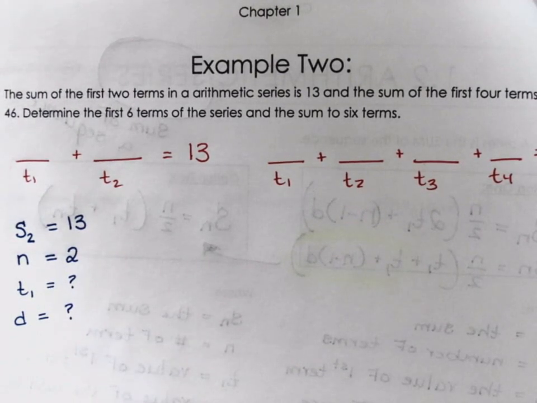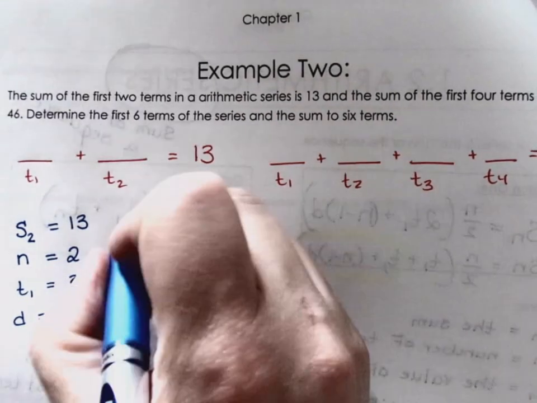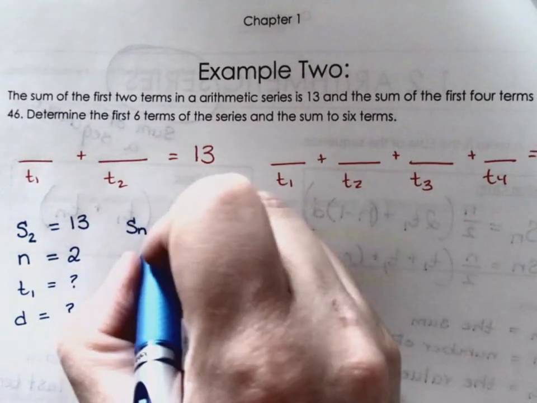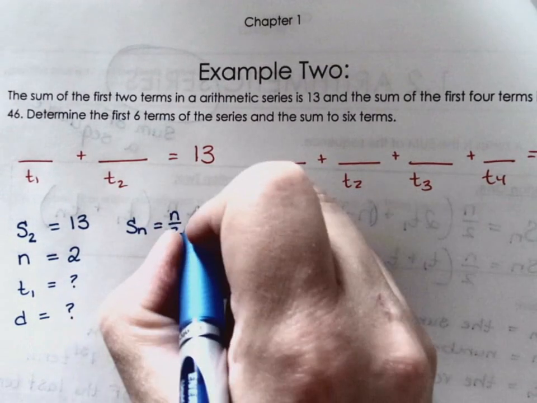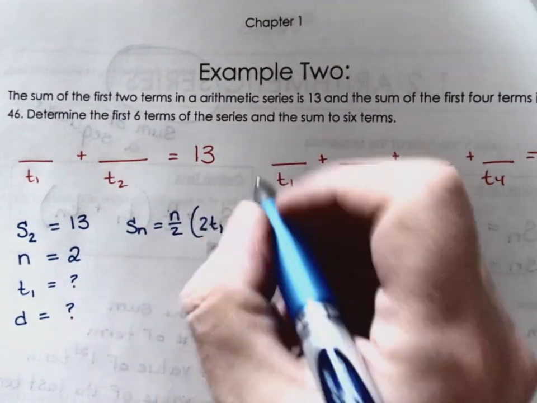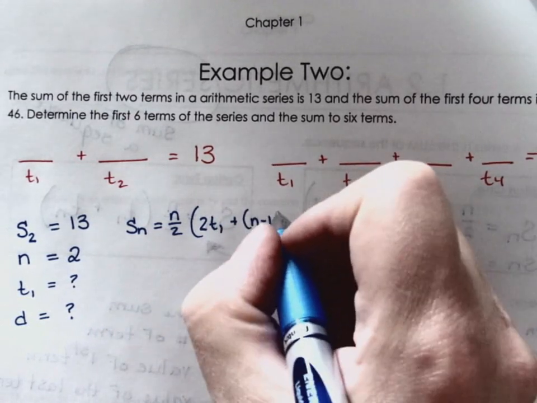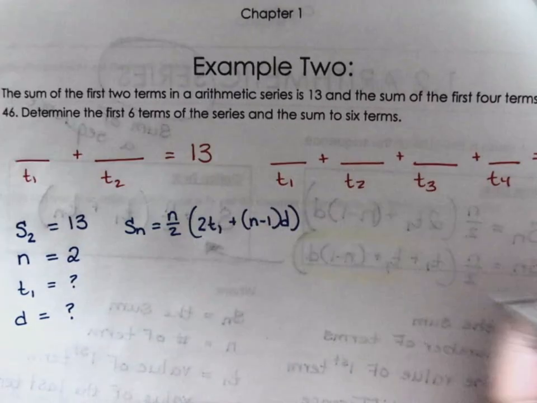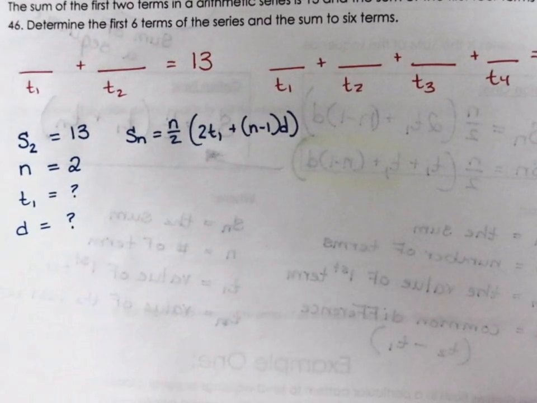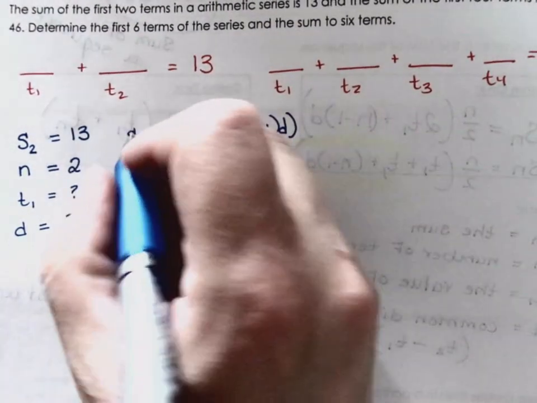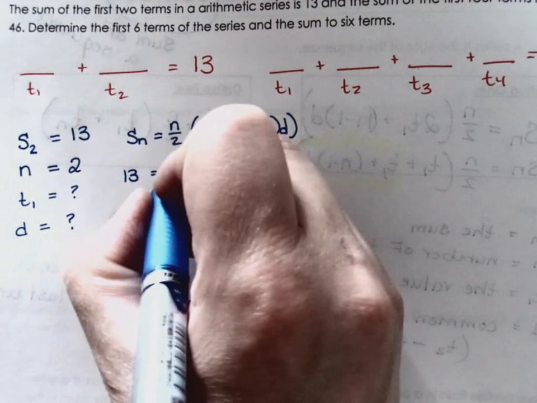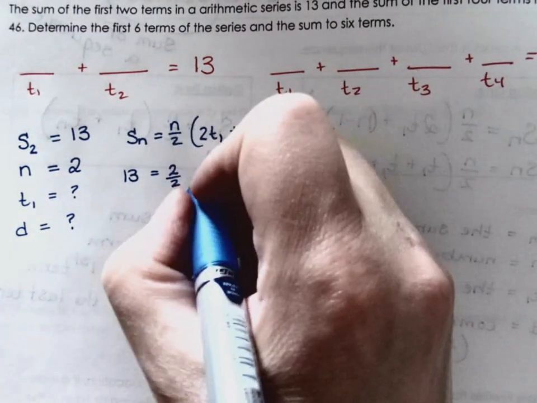Do you guys remember what I meant by general equations in 1.1? It's like you're making the most simplified equation with the information that you have. That's the formula from the other side. So we're going to fill in what we know. We know this is 13. We know this is 2 over 2.